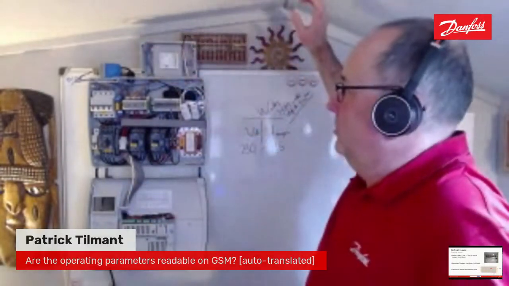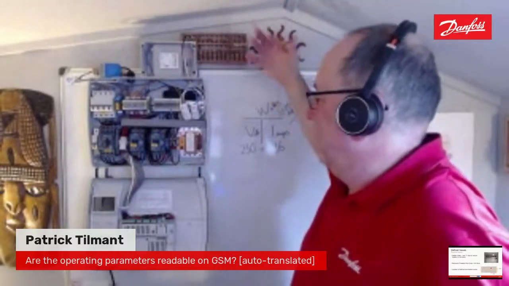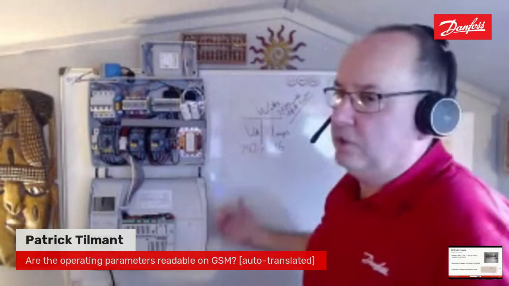That goes into the Prosa cloud, and then that Prosa cloud sends that data back down in the form of alarms to your phone, email, etc. So I don't think they're readable at the moment on a GSM, because that goes into the Prosa cloud.